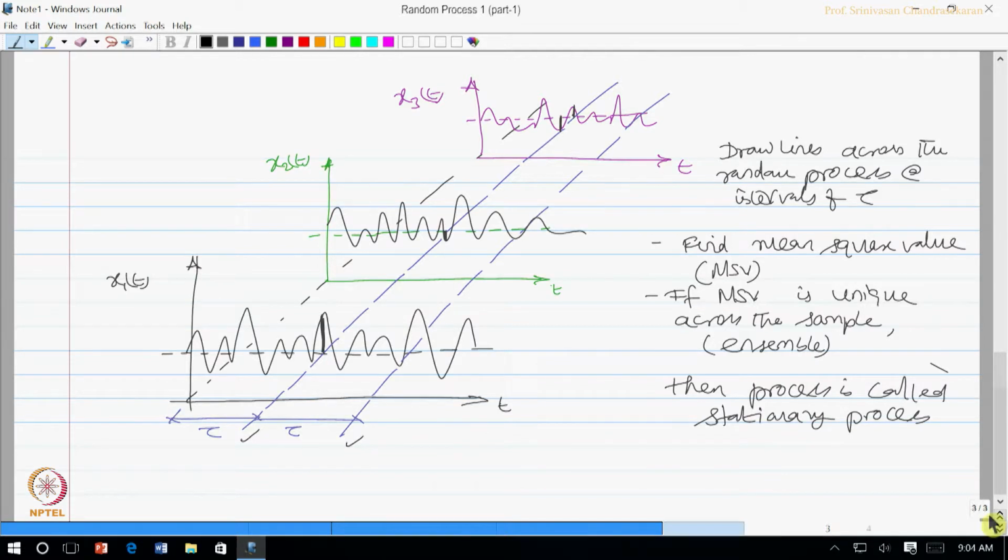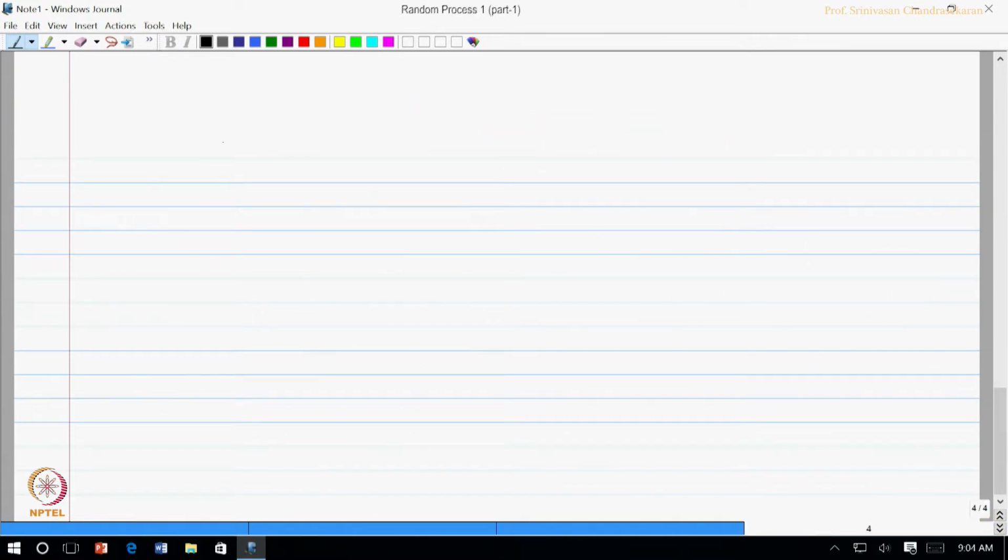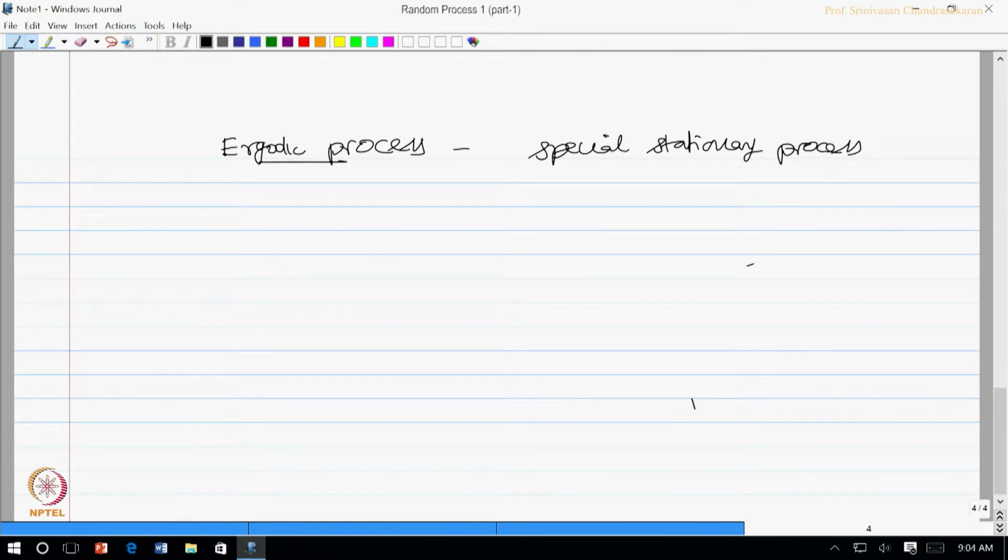Extending this discussion to the next level, we call the process as ergodic process, which is actually a special stationary process. Let us explain this speciality with an example. Let us say we will consider about 100 samples.